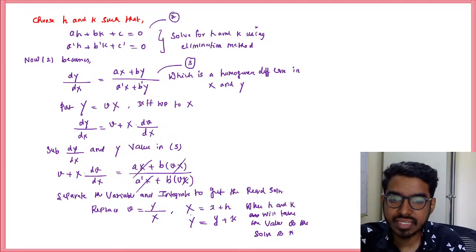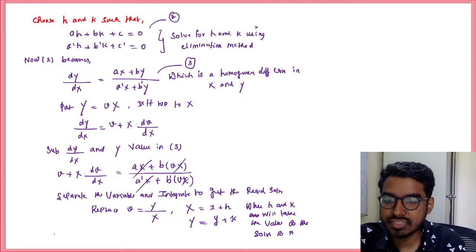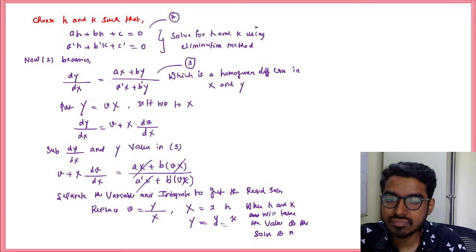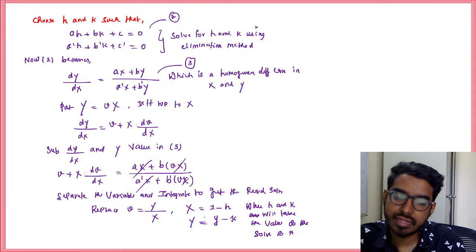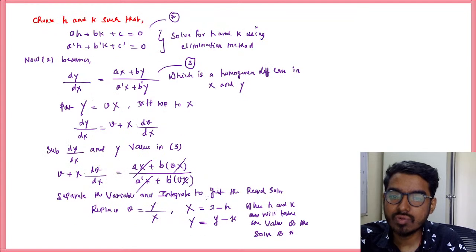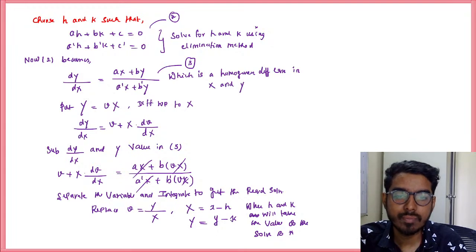Actually, I made some mistake here. By substitution, small x is capital X plus h, right? So capital X will be small x minus h, and capital Y is small y minus k, right?